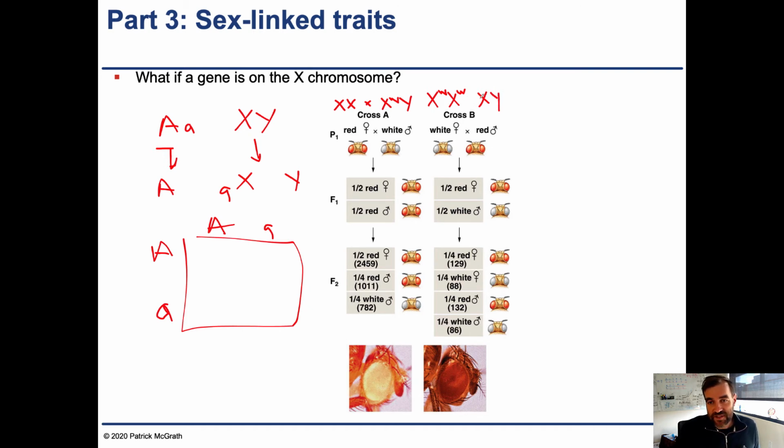In this case, the genotype would look like this. The white allele is recessive, so the female fly must be homozygous, and the male has red eyes, so it must have the wild type copy on its X. So when you do the cross, half of the offspring are red, but they are all female. Half of the offspring have white eyes, but they are all male.